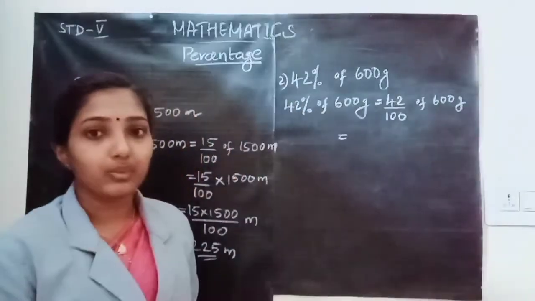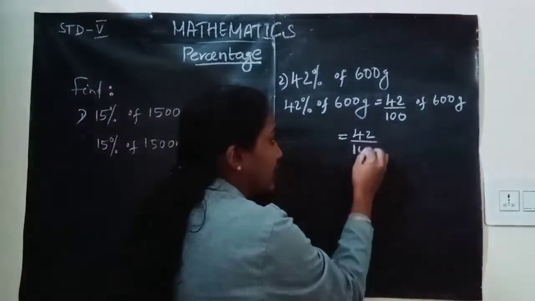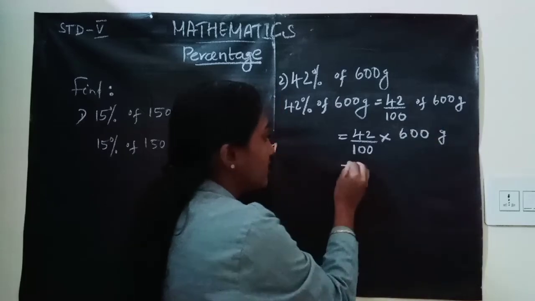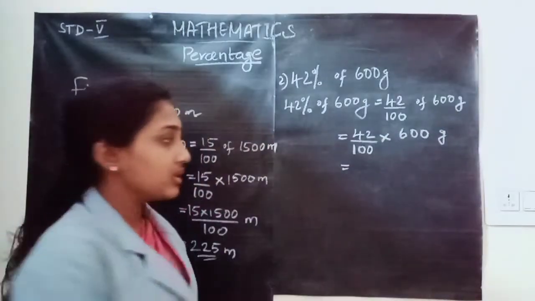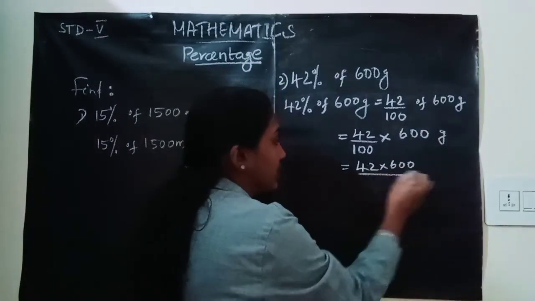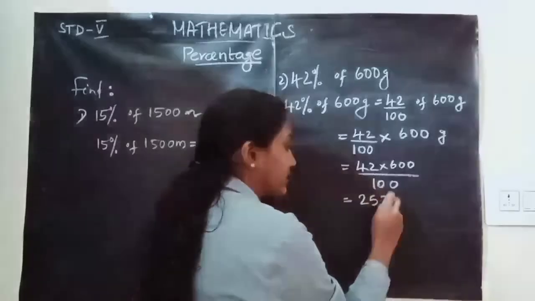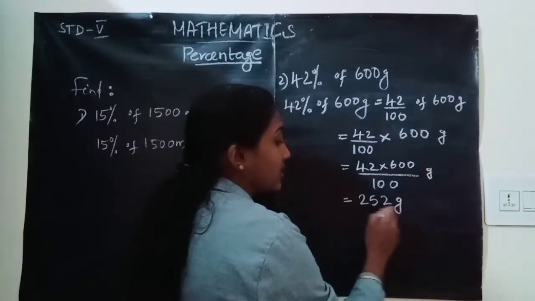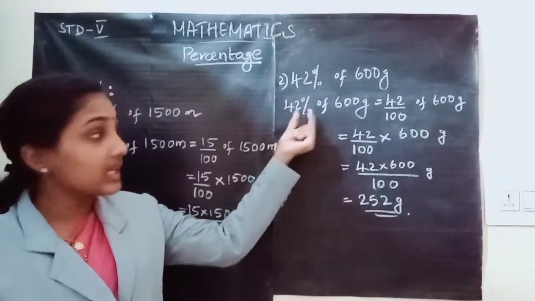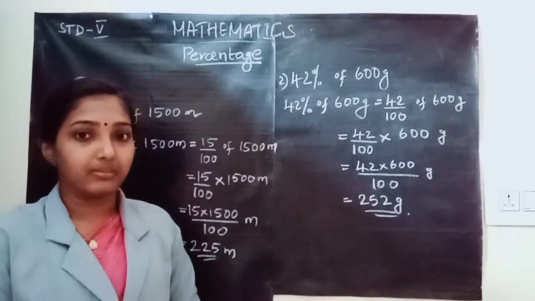So it is 42 by 100 into 600 gram, which is equal to 42 into 600 divided by 100. So 252 gram. So what we can say, 42% of 600 gram is 252 gram.